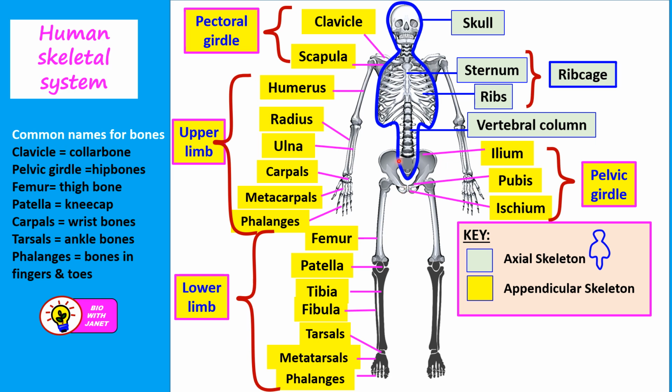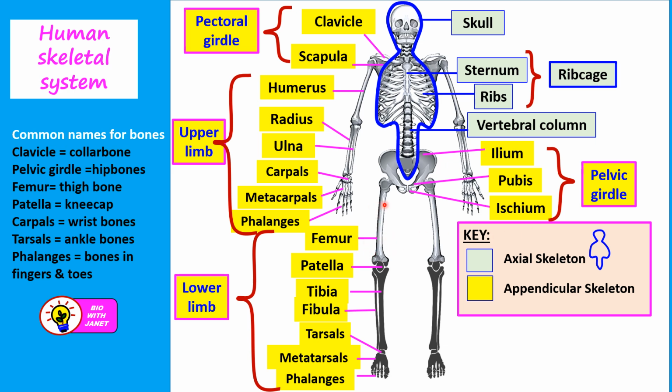Now, the pectoral girdle consists of the bones at the shoulder, which are the clavicle and scapula. But the pelvic girdle, pelvic meaning the hip or the buttock area, has three bones: the ilium, pubis, and ischium. A pair of ilium, a pair of pubis, and a pair of ischium.